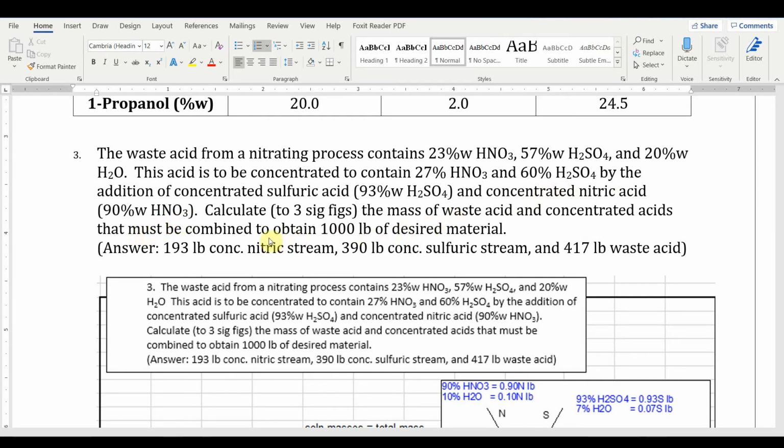Calculate to 3 sig figs the mass of waste acid and concentrated acids that must be combined to obtain 1,000 pounds of the desired material. Let's go to the Excel spreadsheet and work this out.